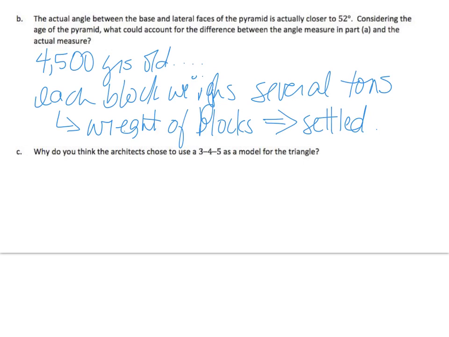Why do you think the architects chose to use a 3, 4, 5 as a model for this triangle? It's easy to calculate. It could be any reason. A right triangle with the shortest whole number side lengths.